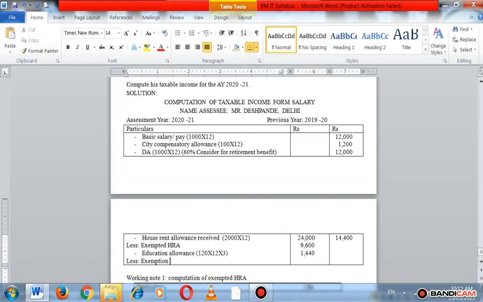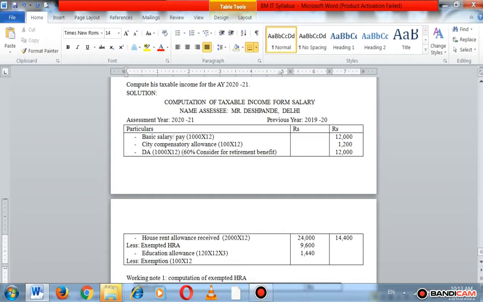So exemption is allowed only for 2 children. Got it? Rupees 100 per month, so 100 multiplied by 12, we compute yearly. Here we take into consideration the yearly education allowance, so we deduct the yearly exemption. We convert the monthly salary into yearly salary, or per annum salary.